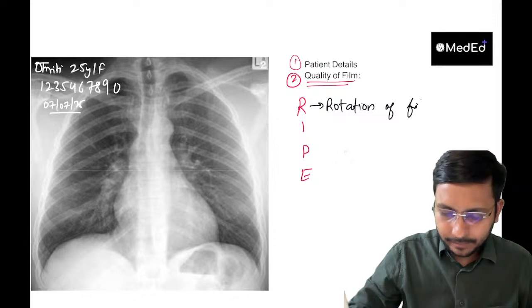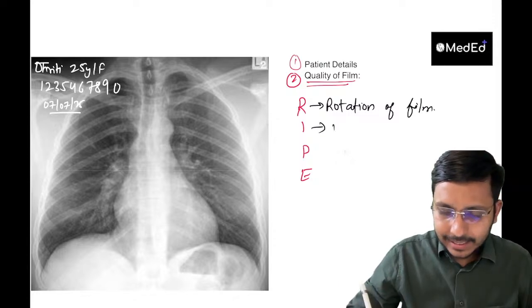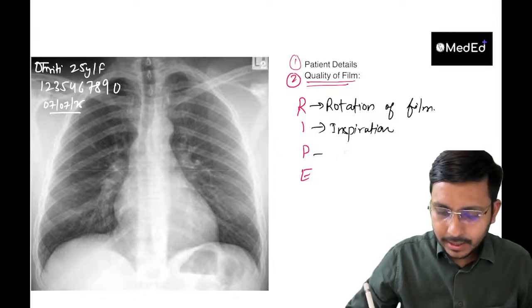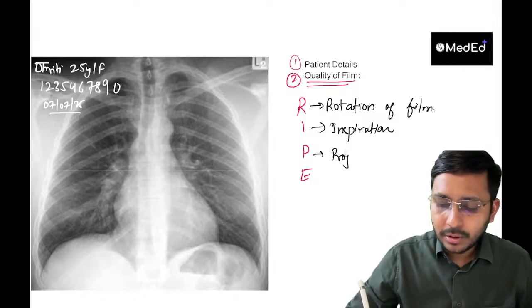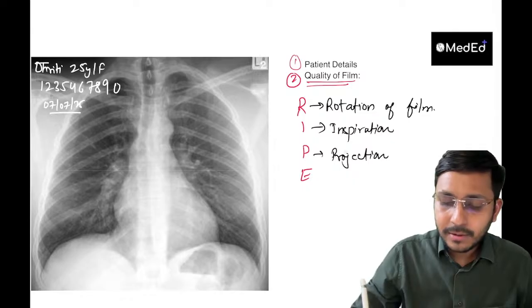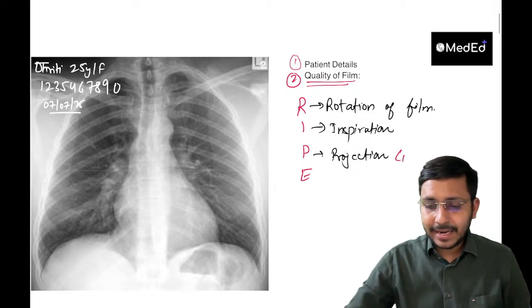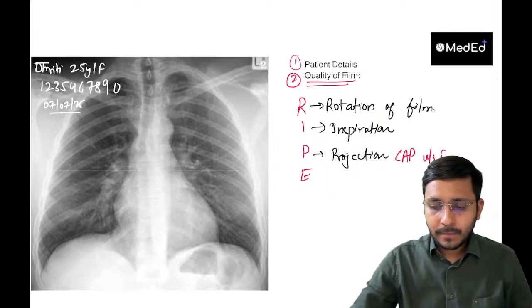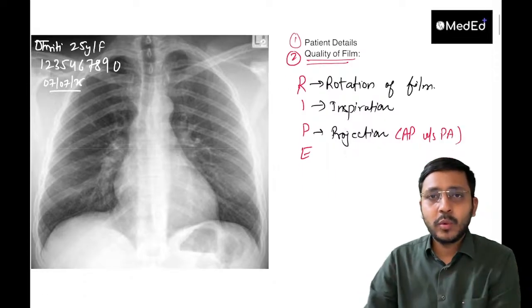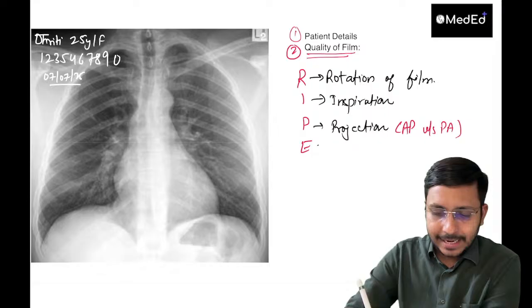Rotation of film. I stands for inspiration. P stands for projection. What do I mean by projection? Whether this is an AP film or a PA film. AP view versus PA view. And E stands for exposure.